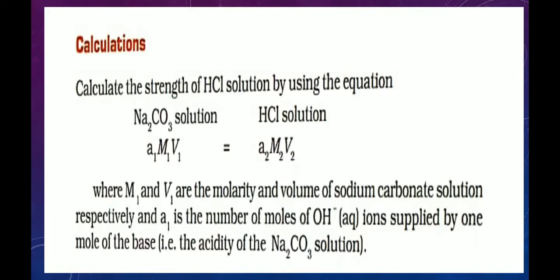M1 is the molarity of sodium carbonate solution, and V1 is the volume used in the conical flask of sodium carbonate solution. A2 are the number of moles of H positive ion provided by HCl solution. M2 is the molarity of HCl solution which has to be calculated, and V2 is the volume of HCl solution used from the burette reading.